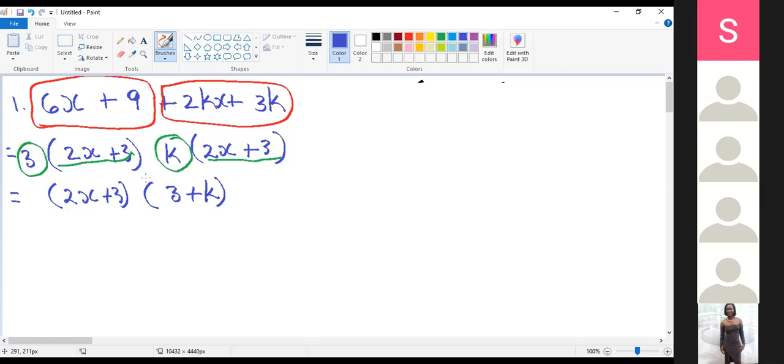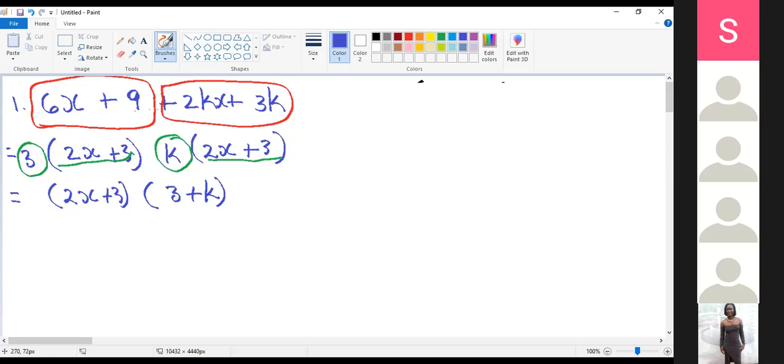These two are alike, you put them in one bracket, and what is outside the brackets you put in one bracket itself. And with these two brackets, you should get back the original question. So if you multiply back out the brackets, you should get the original question up here.